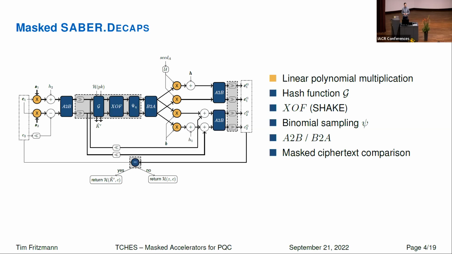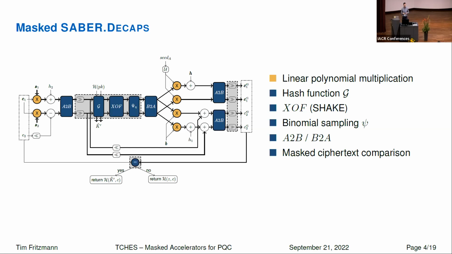But now let us have a look at the masked decapsulation operation of Saber. We have as input our ciphertext pair C1 and C2. Then we will perform some operations, in particular with the long-term secret key S in order to decrypt. And the decapsulation has also a re-encryption step in order to obtain the ciphertext pair C1 prime and C2 prime.